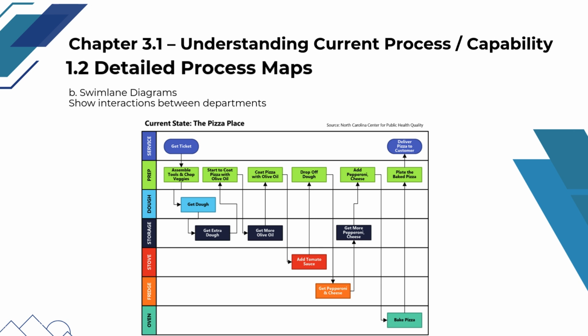phases. Swim lane diagrams extend detailed process mapping by clearly showing how work flows across different departments, roles, or systems, and how responsibilities are handed off during the process. By organizing activities into lanes, the team can easily identify ownership, interactions, dependencies, and delays caused by handoffs or coordination gaps.